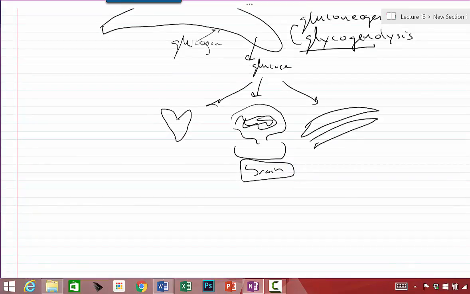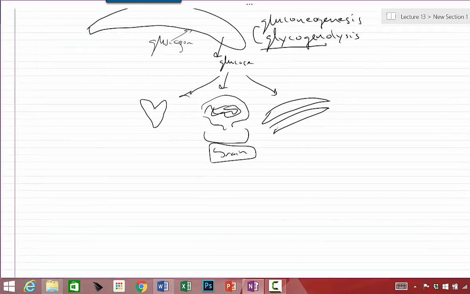I'm going to talk a bit about how the energy charge controls glycolysis and gluconeogenesis. I'm going to make a table here. And the table is going to have 4 columns. You got the molecule.